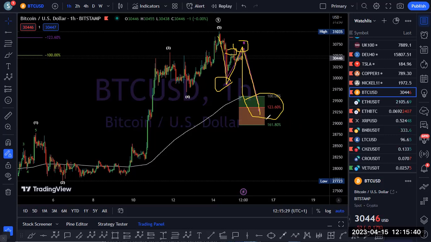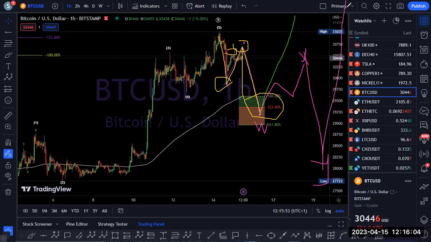Then one thing is that it can begin to go up from here after completing the ABC, or it can still make ABC, which means it will make W, X, Y. So it can make this thing and drop again before buying.